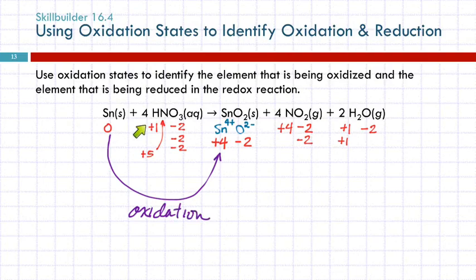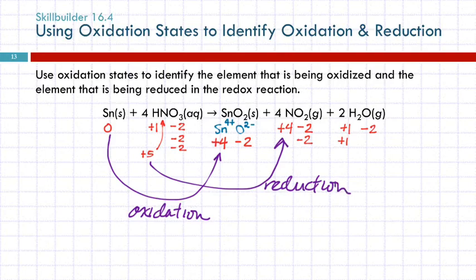What's happening to the hydrogen? +1, +1. Nothing. How about nitrogen? +5 to +4. That went down. That's a reduction. Is anybody else changing? Oxygen's at -2, oxygen's at -2, oxygen's boring, it's all -2.